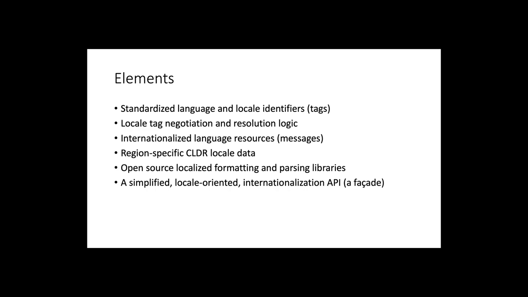Because this system is so complex that only an experienced internationalization engineer would really understand how to use it, we need to finish things off by wrapping everything in a simplified, locale-oriented internationalization API, that is, a facade. Having such an interface makes it easier for ordinary web developers to produce complex applications with regional locale support, and do so in much less time than would otherwise be required.